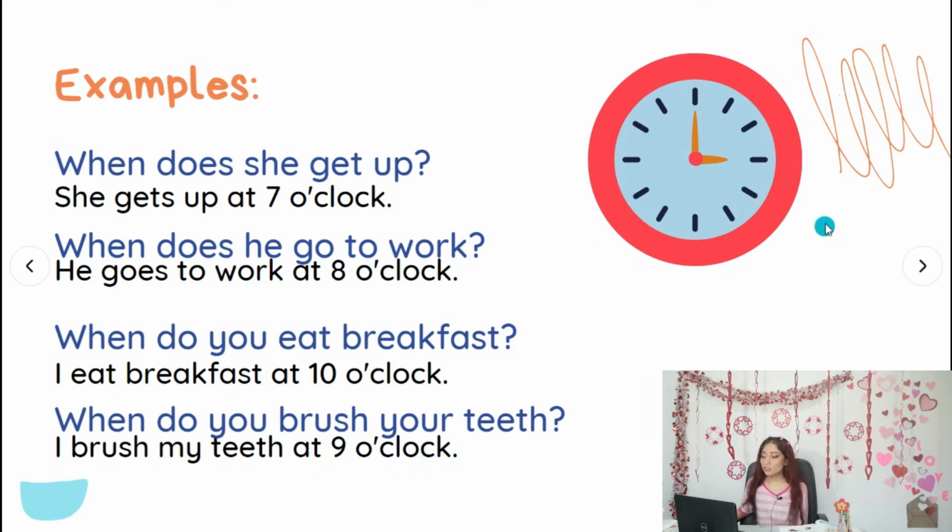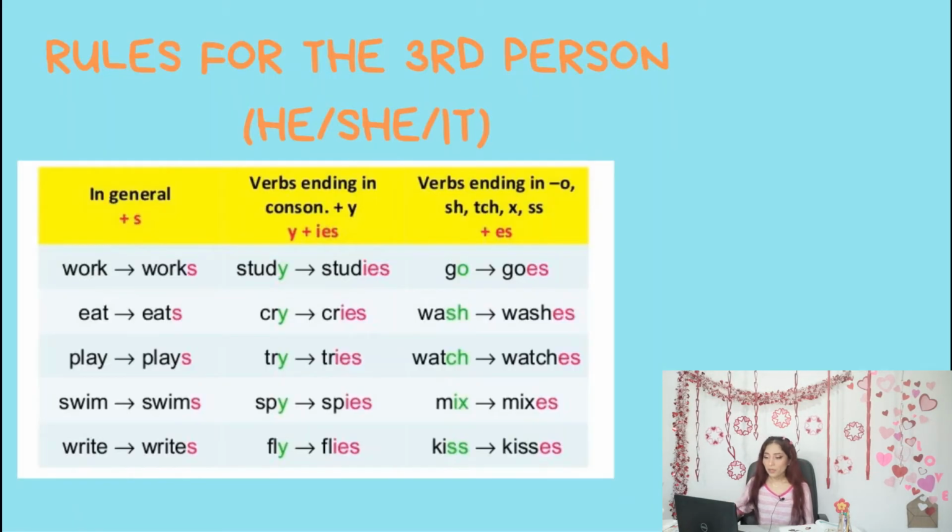And that's it. So, let's check when we are going to add an S and when we are going to add ES, okay? So, rules for the third person. He, she, it, okay? Remember, when I tell you third person, the only third persons that exist are he, she, it.